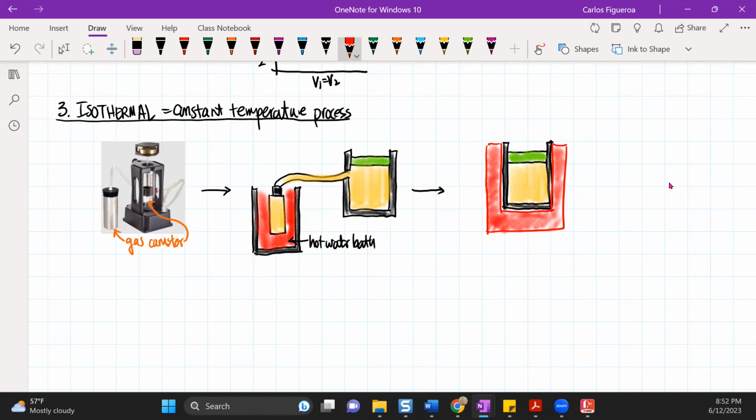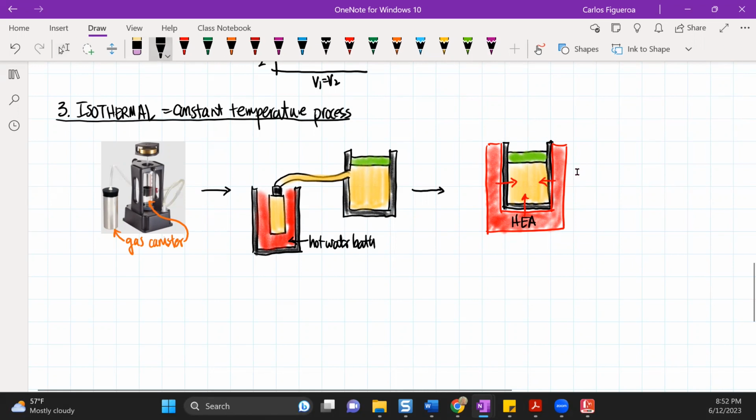That's my water bath, and so this is what happens. Now heat flows in from all sides. That's what I have right there. Okay, so here we go.